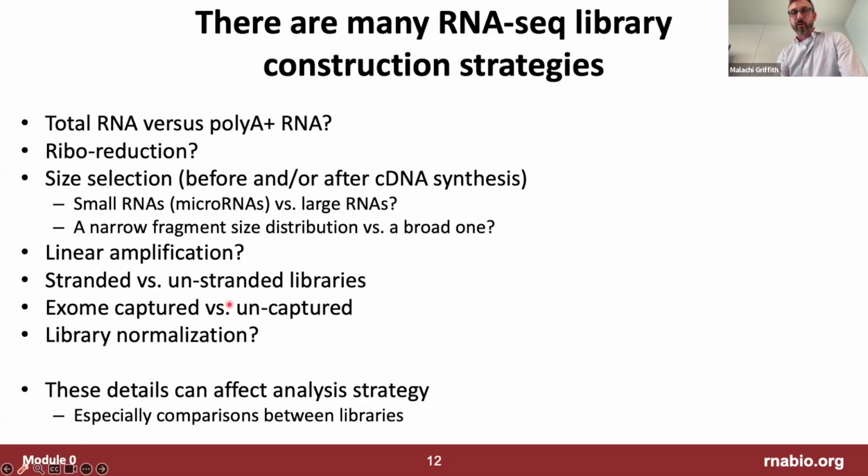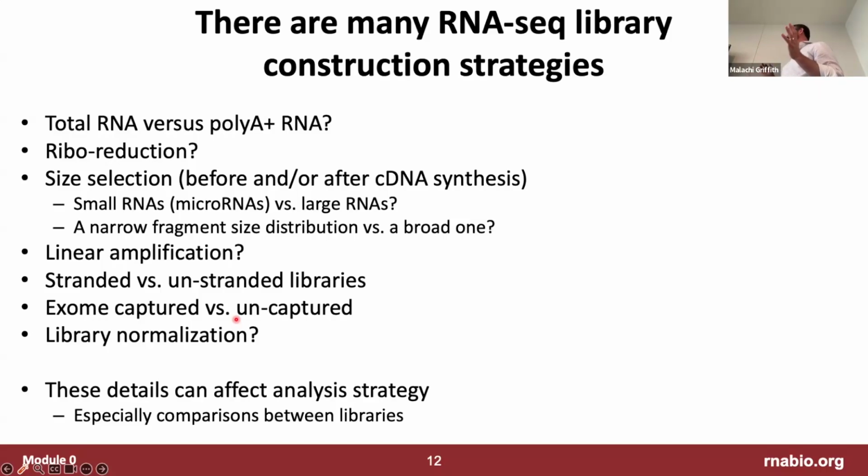There are some library normalization approaches, including doing an exome or cDNA capture, where you bias your data towards transcripts whose sequence you know by hybridizing them to a huge set of probes that correspond to, say, all of the exons of your species.